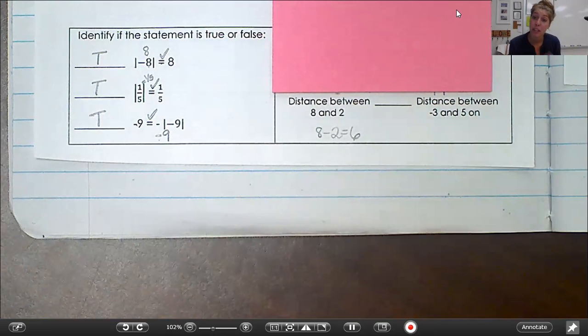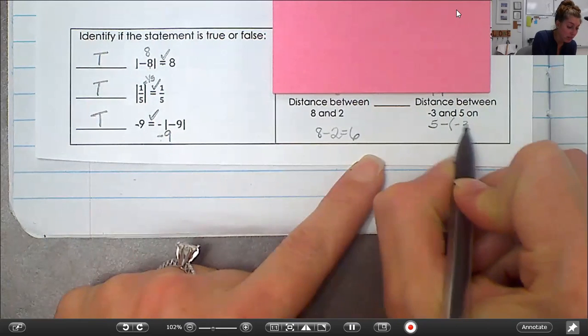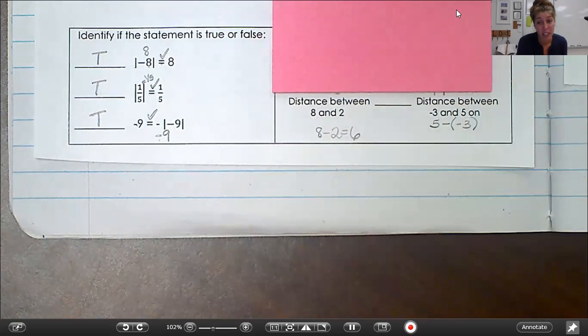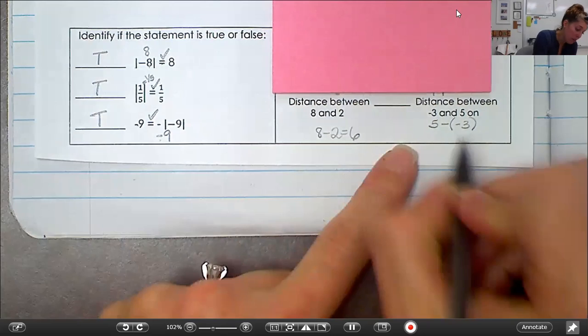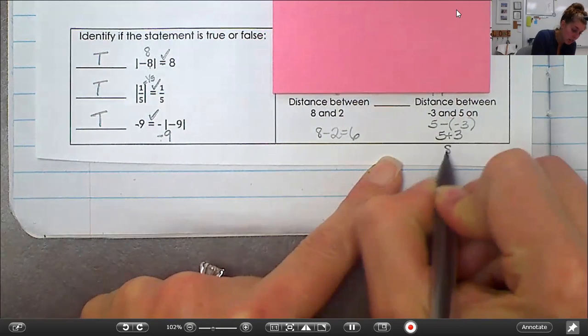When it comes to -3 to 5, it's a little bit different of a ball game. What you could do, if you want to think of it just as subtraction also, you're really taking 5 minus -3. And that's something we haven't covered yet this year. So if you know that changes to plus, that's great.